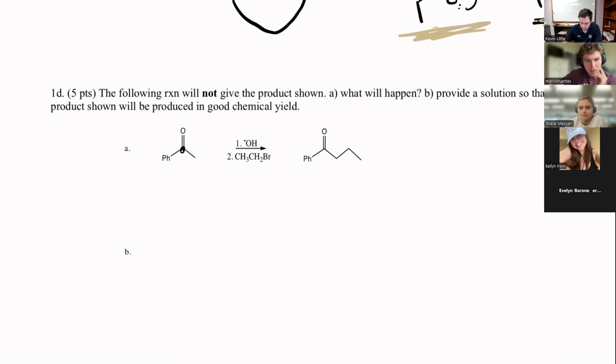No, there are no hydrogens on that carbon, because it's a phenyl, a benzene ring. Do I have any alpha hydrogens? Yes, I have three, one right here. So I've got a base, it's going to take it. So I'm going to form this.